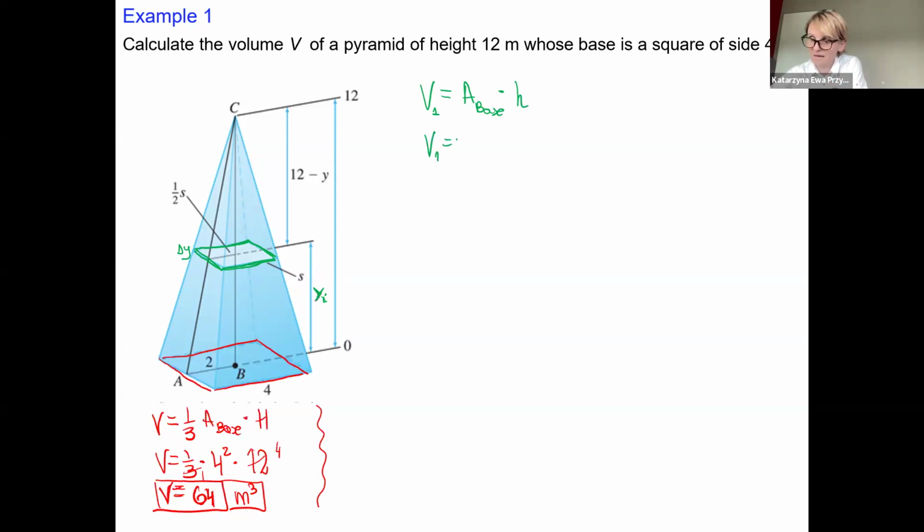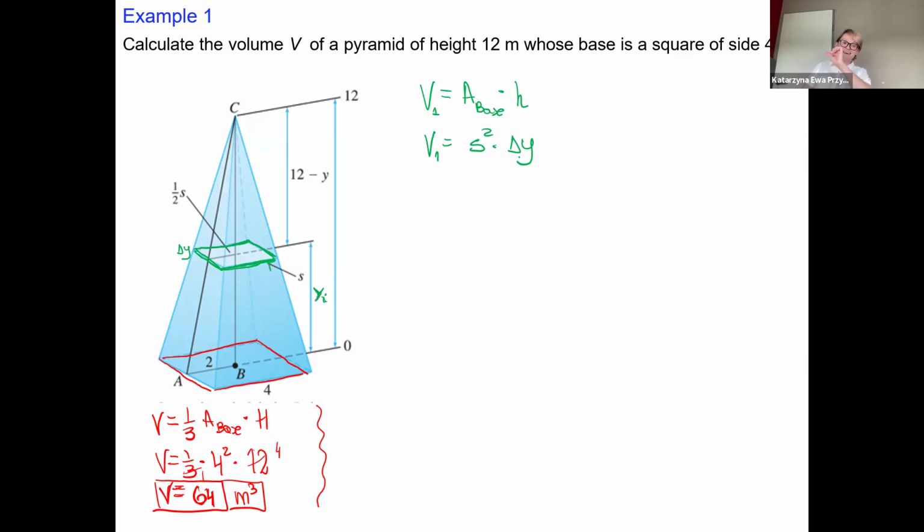We have that it's still a square, because each of them will be a square with the size of the side changing, getting smaller and smaller. Let's call it S. That means S squared is the area of the base, and the height is that thickness, delta y.